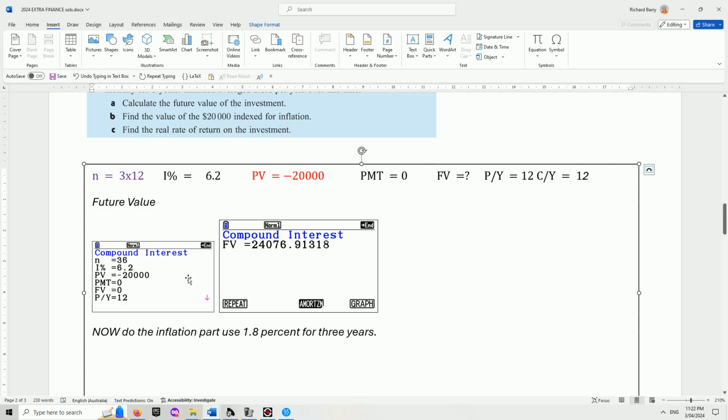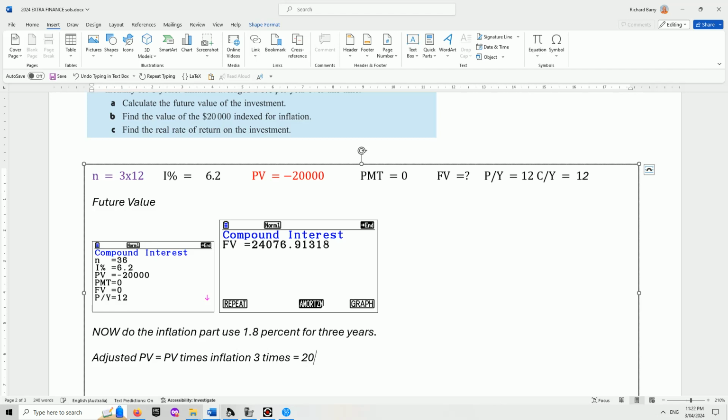Adjusted PV is equal to PV times inflation, in this question 3 times.